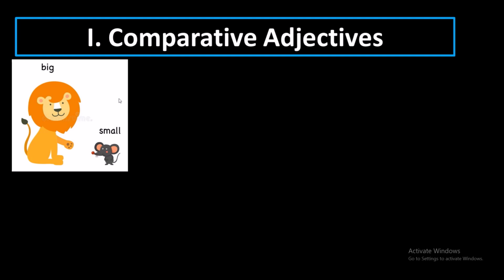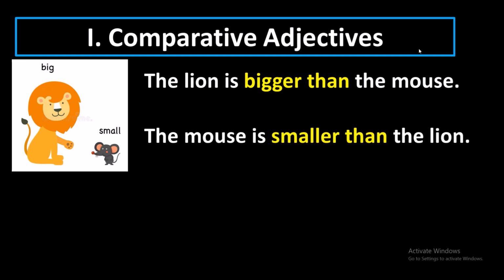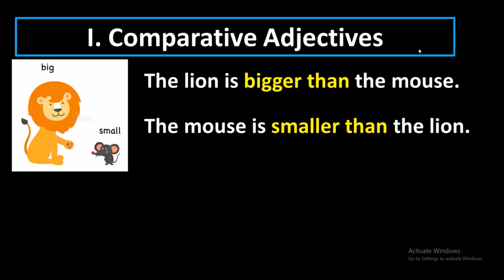You can say the lion is bigger than the mouse. Or another way, we can say the mouse is smaller than the lion. So here again, we use big plus er plus than, small plus er plus than. So bigger than, smaller than.